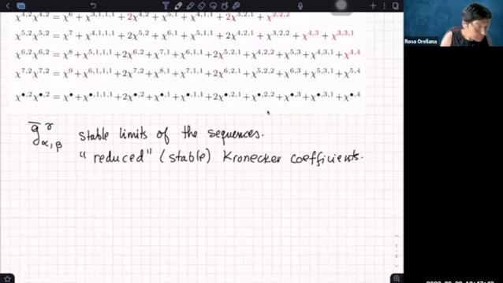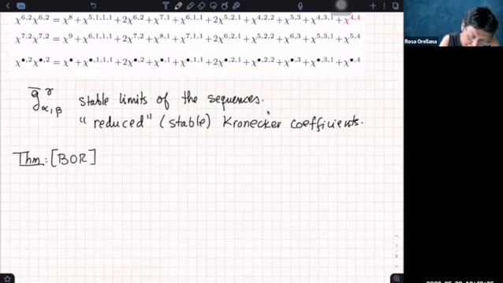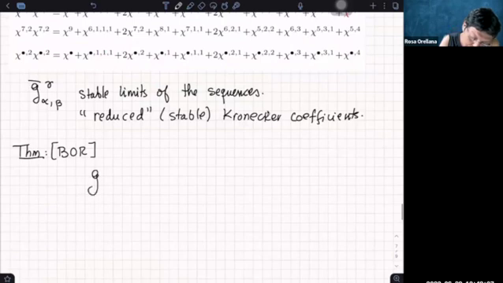So there is a theorem that we proved with Mercedes, who happens to be in the audience, and Emmanuel Briand, that there is a very beautiful relation between the Kronecker coefficients and the reduced Kronecker coefficients.